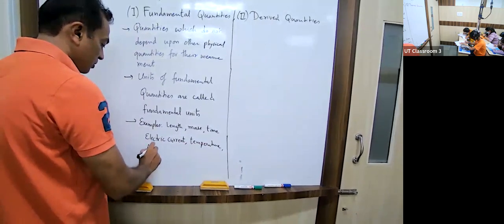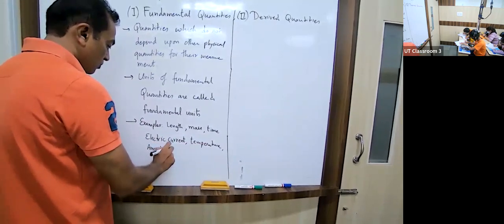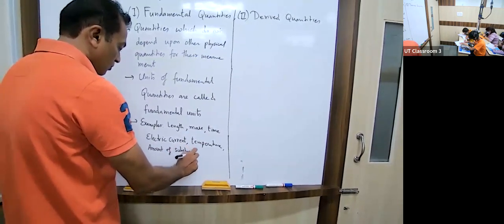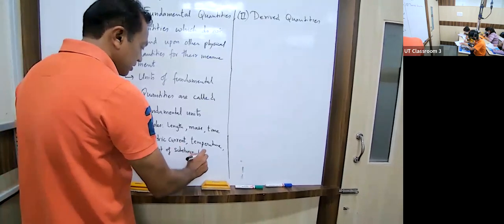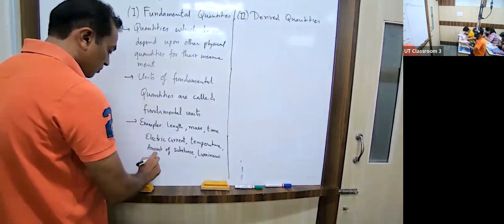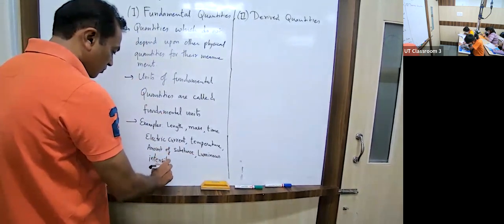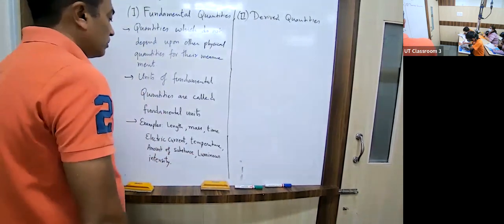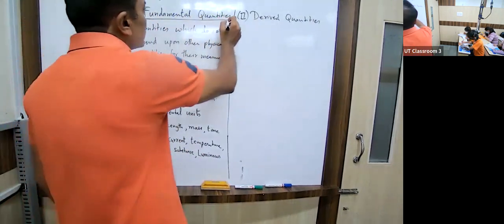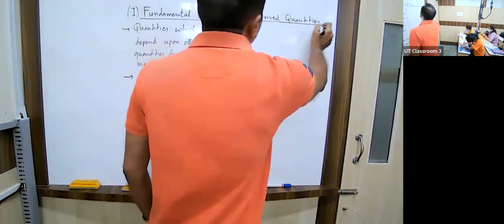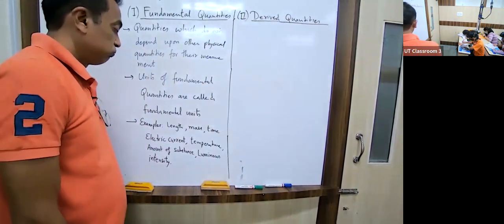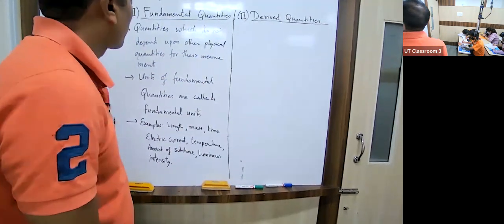Amount of substance. And you have luminous intensity. Okay, these are the examples of fundamental quantities. I'll explain each one of them.